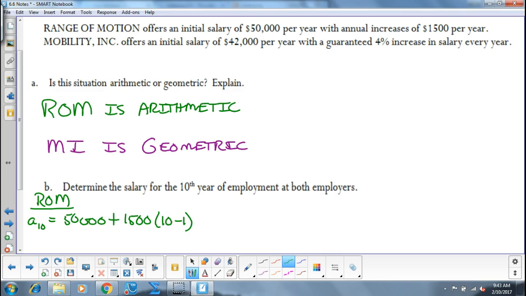Agree? Yeah. Okay. And Mobility Inc. would be g sub 10.